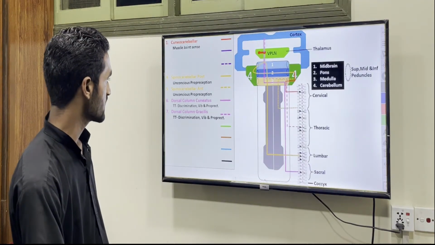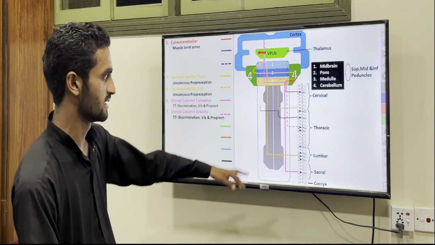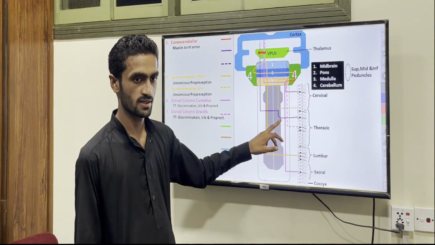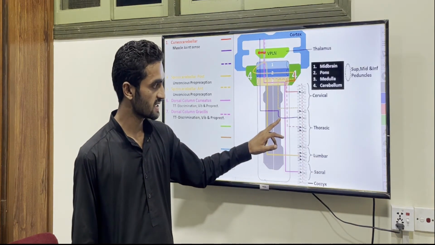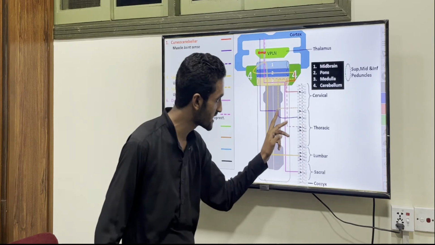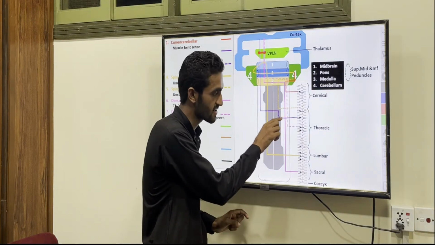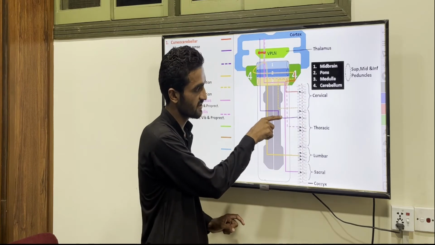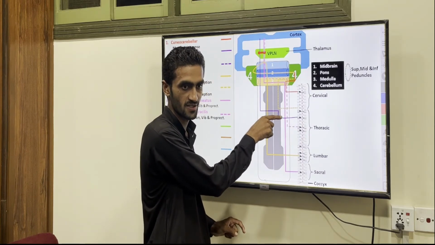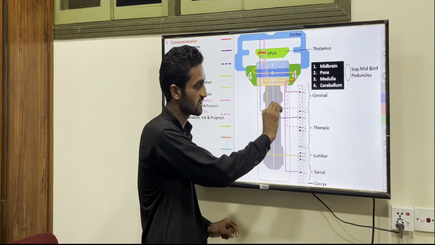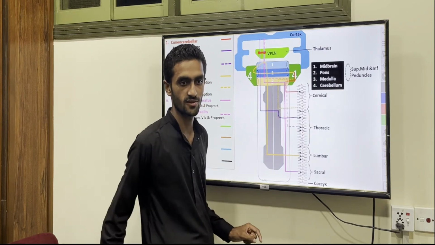And this is another pathway, the spinothalamic. The important thing is that they are forming the lesser tract, because they come right here but they are not crossing at this point. They use one or two segments above, then they cross. So this part is actually your lesser tract.